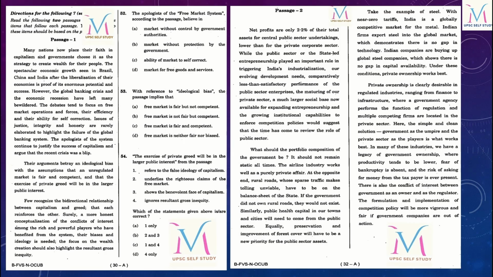So for this 52nd question, the answer is C, ability of markets to self-correct. This self-correction includes the markets placed in their own countries making their own development. So for the 52nd, the answer is C.